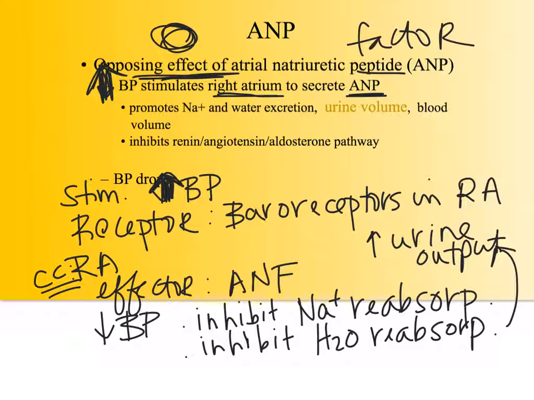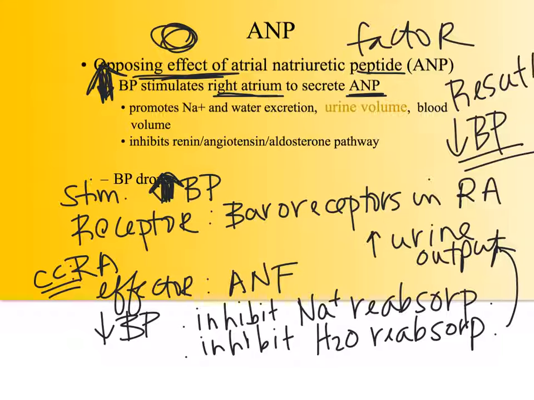That has the opposite effect, so that will decrease your blood pressure, is the result. What makes this one different is it's the opposite of renin, antidiuretic hormone, and aldosterone.